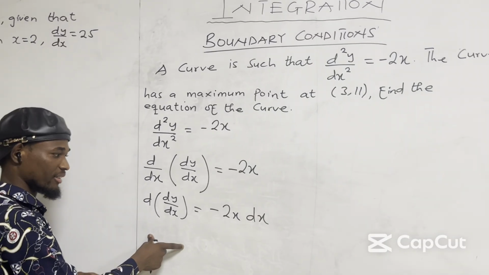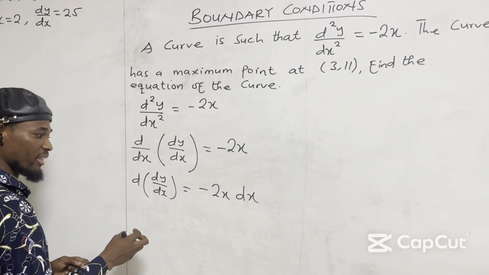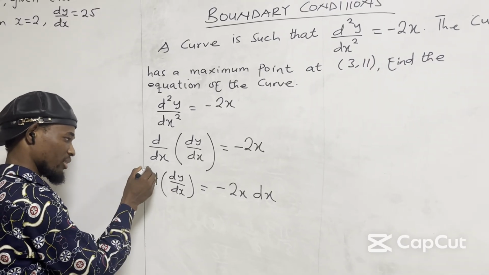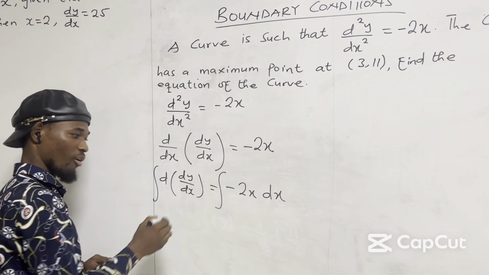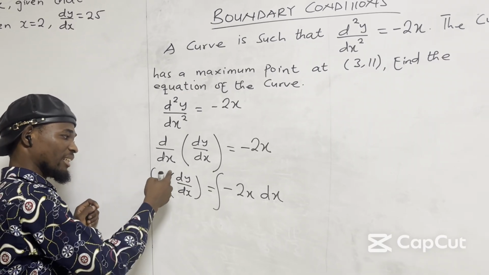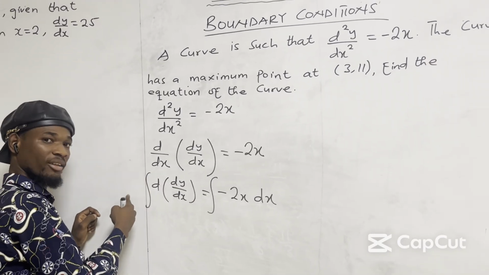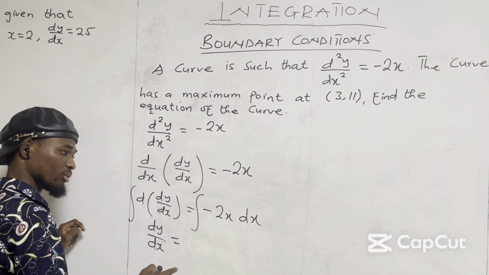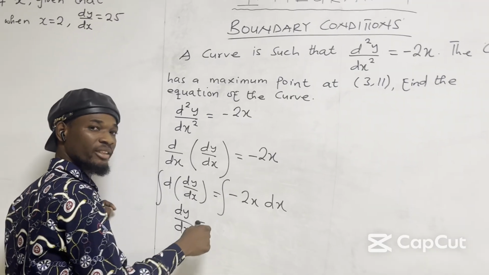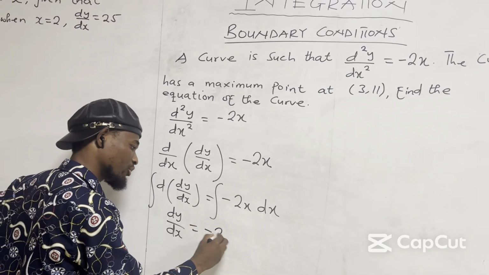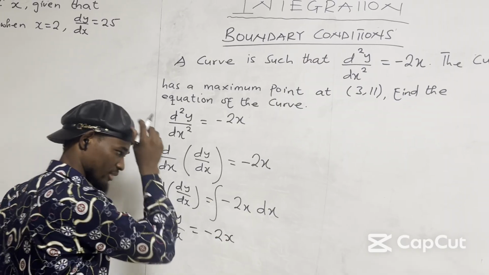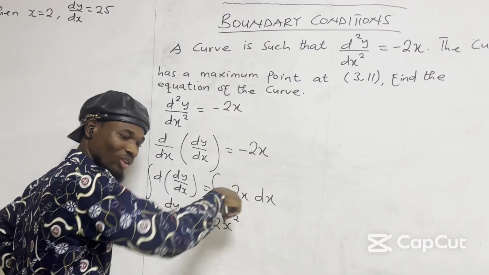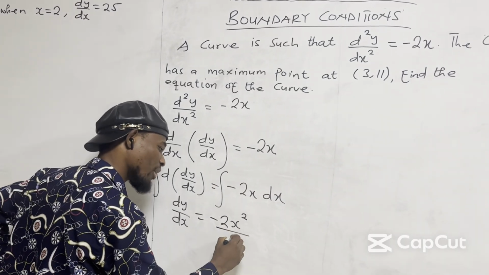So having done this, what do we do next? We just take the integral of both sides, in a way that d cancels the integral sign. What do we have? We have dy over dx is equal to, when you integrate negative 2x, you have negative 2 then x, then the exponent is 2, because this is 1, you add 1 to it, you get 2, all over 2.